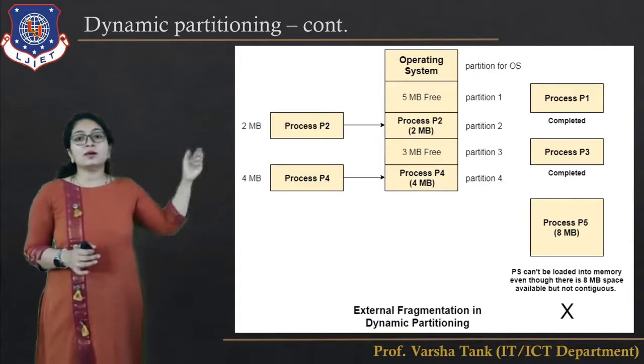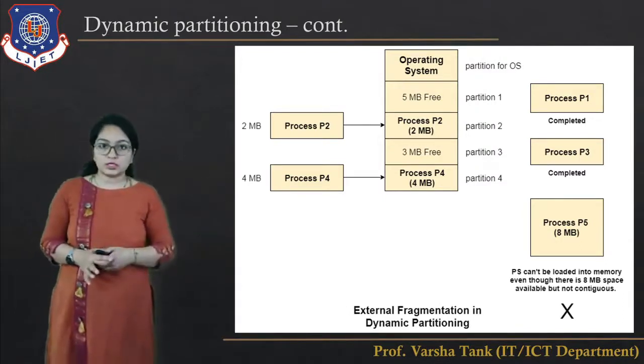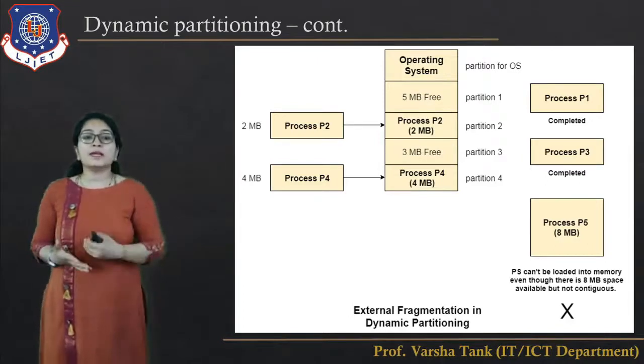So we have a free 5 MB partition and a free 3 MB partition because P1 and P3 have completed their tasks.